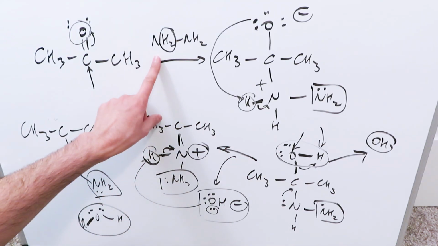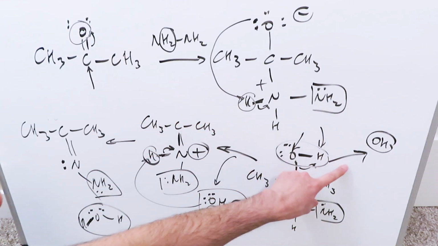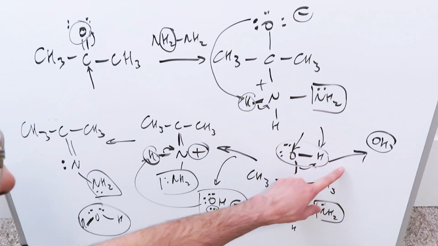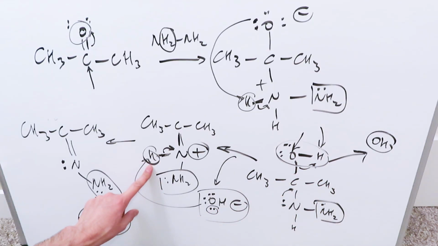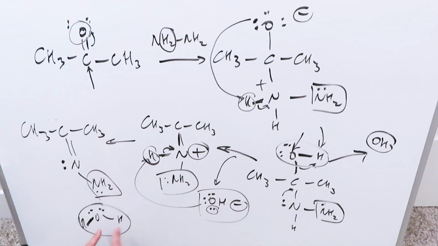Addition of hydrazine to your carbonyl, proton transfer, elimination of the hydroxyl functionality to generate a hydroxide anion, and finally a deprotonation step involving your hydroxide to generate water and your hydrazone compound, dimethyl ketone hydrazone or acetone hydrazone, and the reaction mechanism is good.